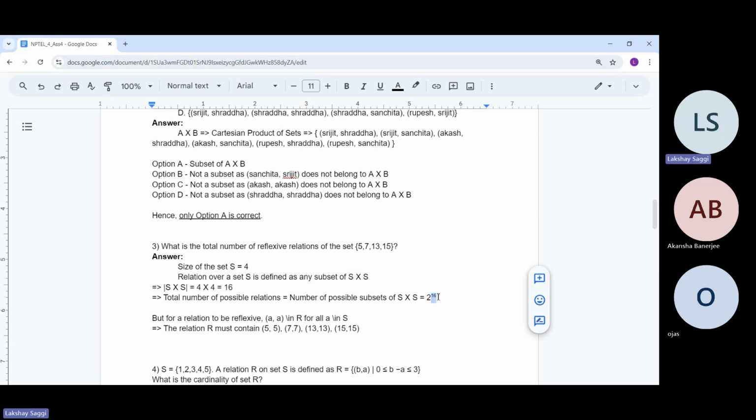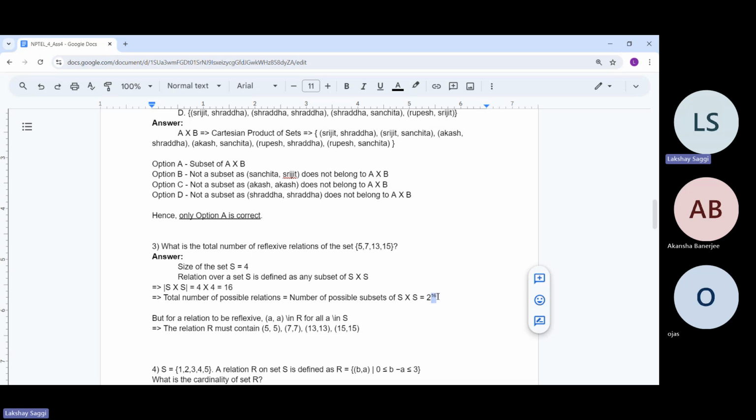But now we have fixed that these 4 are also part of these 16 elements, and they must be part of the relation R. For others we have a choice, but these 4 must be in R. So these 4 choices have been fixed, and we don't have a choice for them.